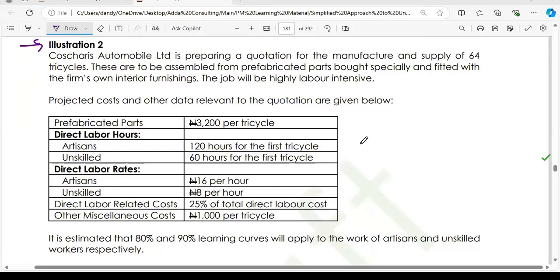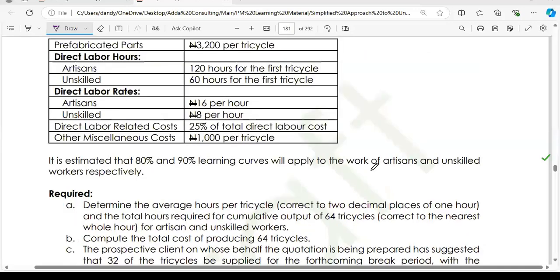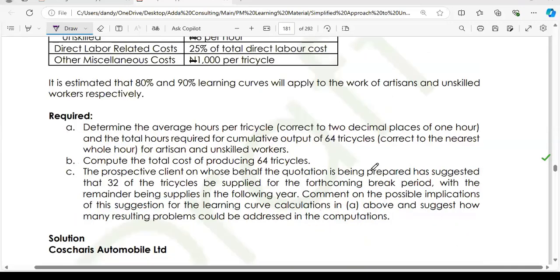These are to be assembled from prefabricated parts, bought specially and fitted with the firm's own interior furnishings. The job will be highly labor intensive. Projected costs and other data relevant to the quotation are given below. It is estimated that 80% and 90% learning curves will apply to the work of artisans and unskilled workers, respectively.